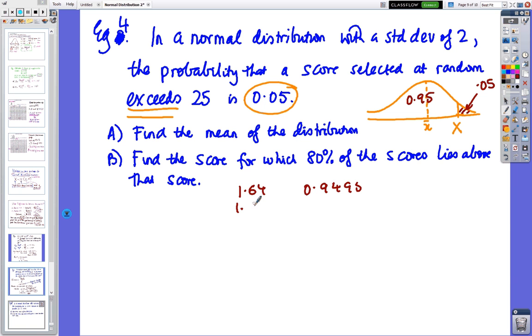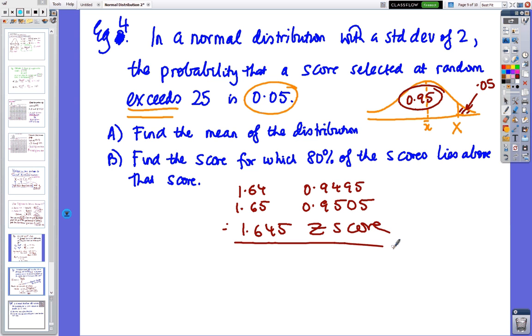At 1.65, I've got 0.9505. I want 0.95 exactly, so I reckon that means you want a 1.645 Z-score. Okay, so I'm using the table backwards. Okay, so 1.645.